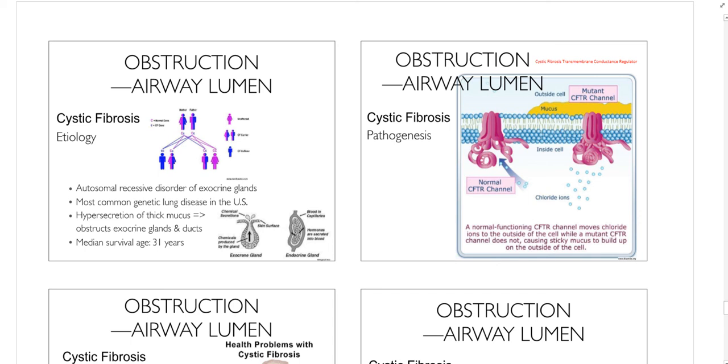So what is going on here is we have a problem with the cystic fibrosis transmembrane conductance regulator, this little doohickey right here, the CFTR channel. Normally, they're supposed to be able to easily pump out chloride ions, which I believe are used to help thin out mucus and not allow it to build up the way that it does in cystic fibrosis.